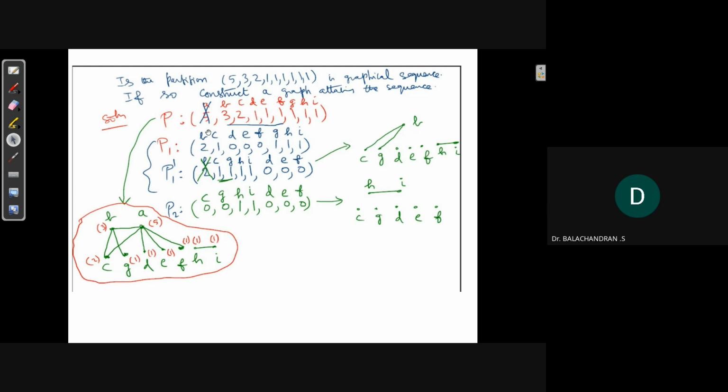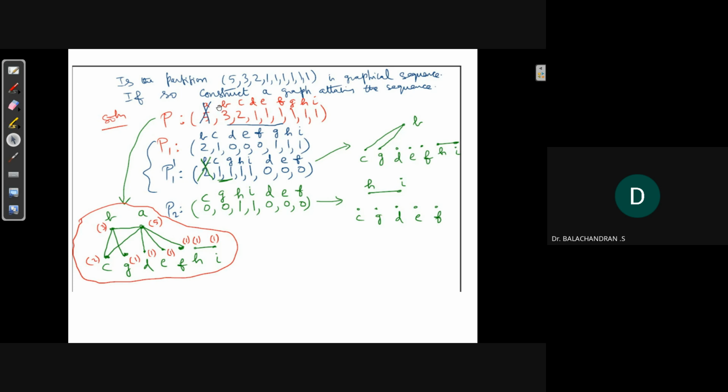I'll add one more vertex B, whose degree is 2, and you should add it to C and G, because C is 1 and G is 1. B has degree 2, H is 1, I is 1, and D, E, F are 0.